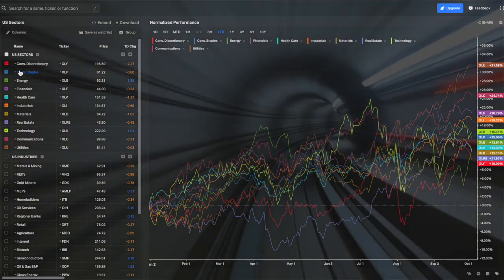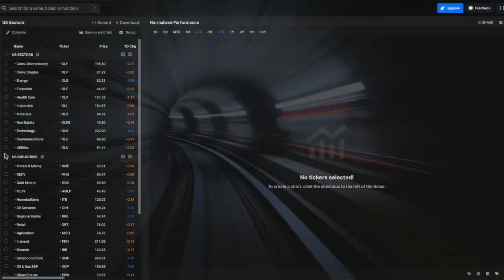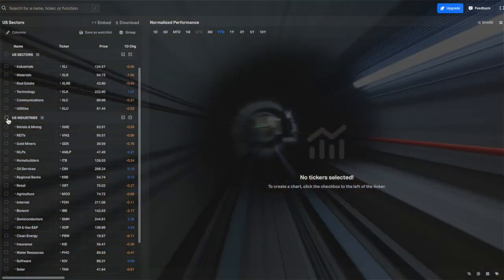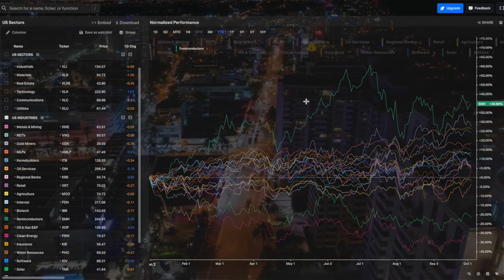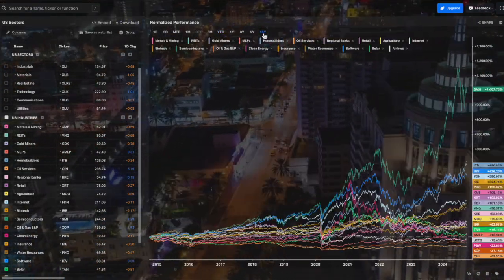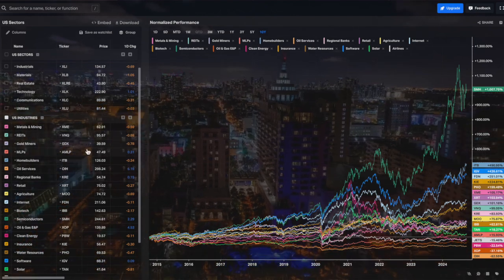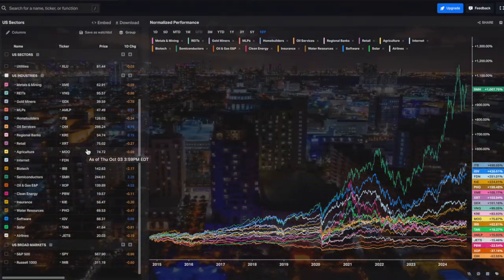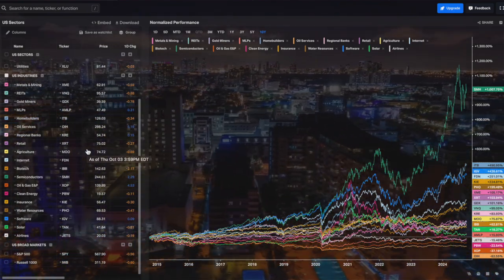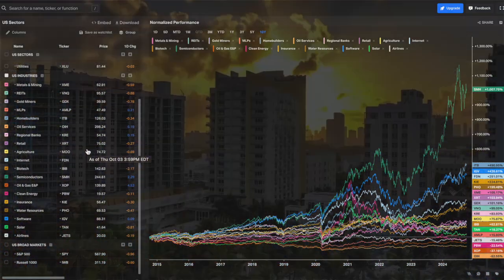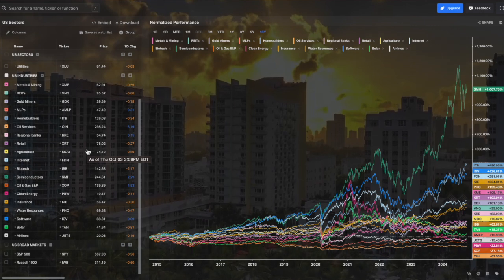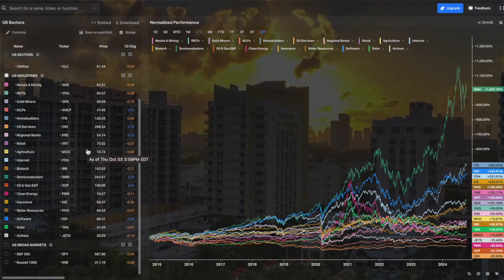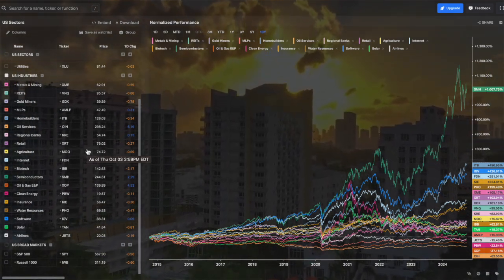Let's have a look at the industries available. So I'm going to deselect sectors and I'm going to select all the industries. We're going to go back to the 10-year chart. Let's see what we have. We have metals and mining. We have REITs, which are real estate investment trusts, so vehicles to express a position in real estate instead of buying bricks and mortar.